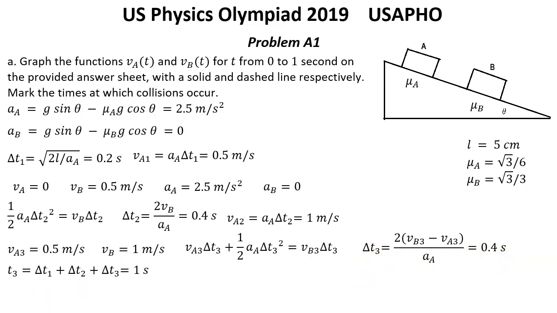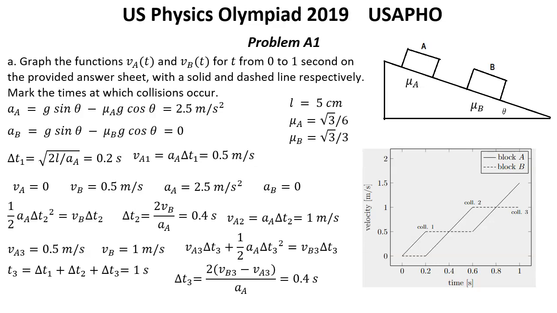And now we have a total time to the third collision equal exactly 1 second. Finally, we can draw a graph for all three motions and collisions, and it will look like this.